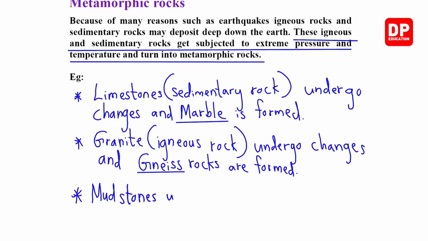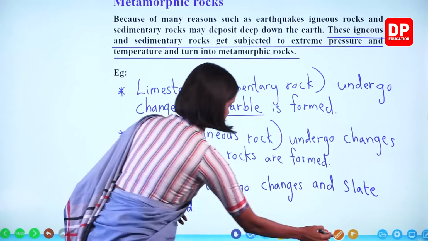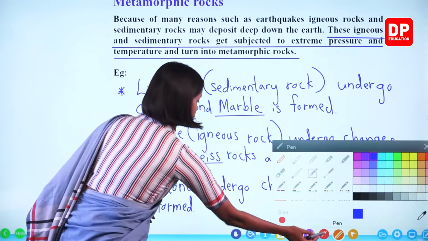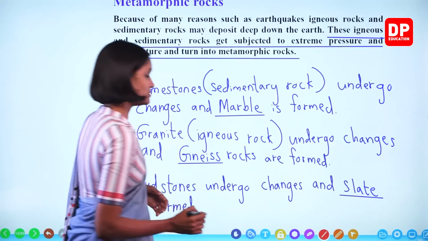Mudstones undergo changes and slate is formed. Right? Slate is a metamorphic rock.